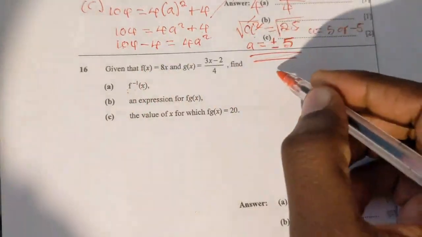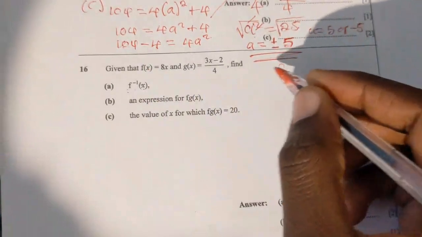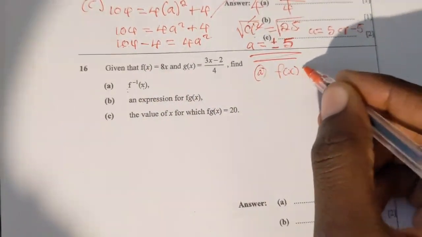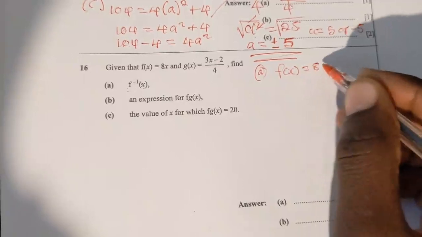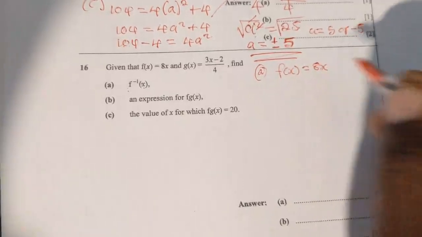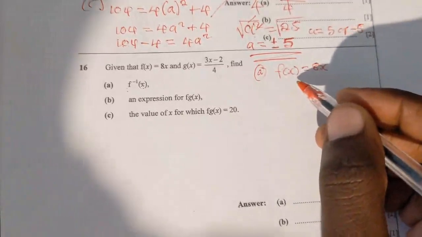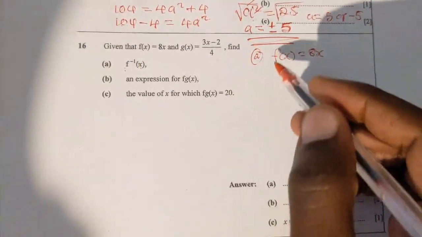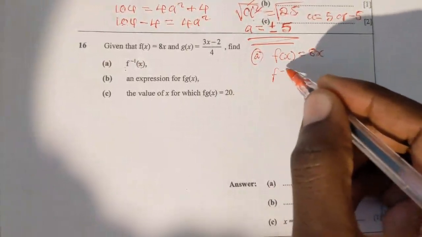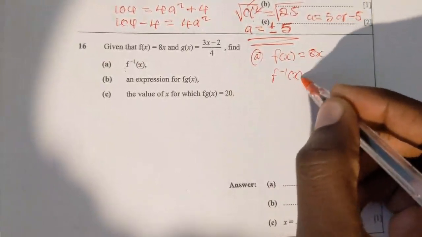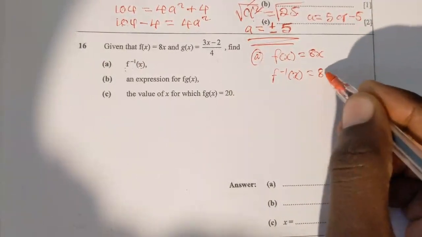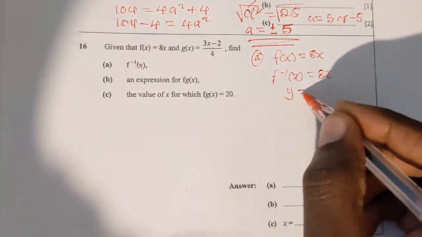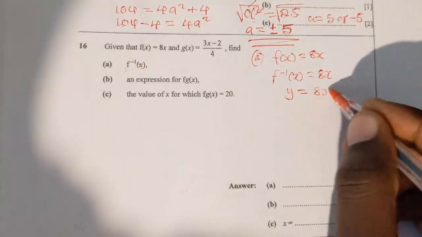So f of x is equal to 8x, right? Now, you know that when you're finding f inverse of x, we do this. So this is supposed to be replaced by y is equal to 8x.